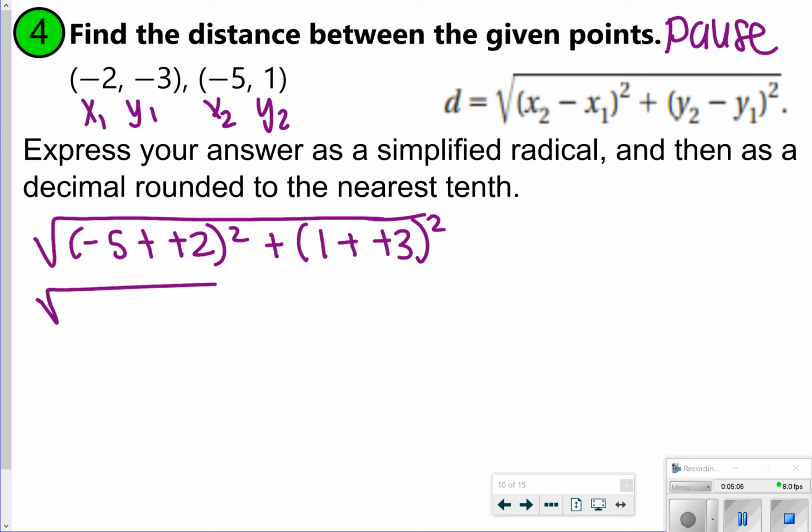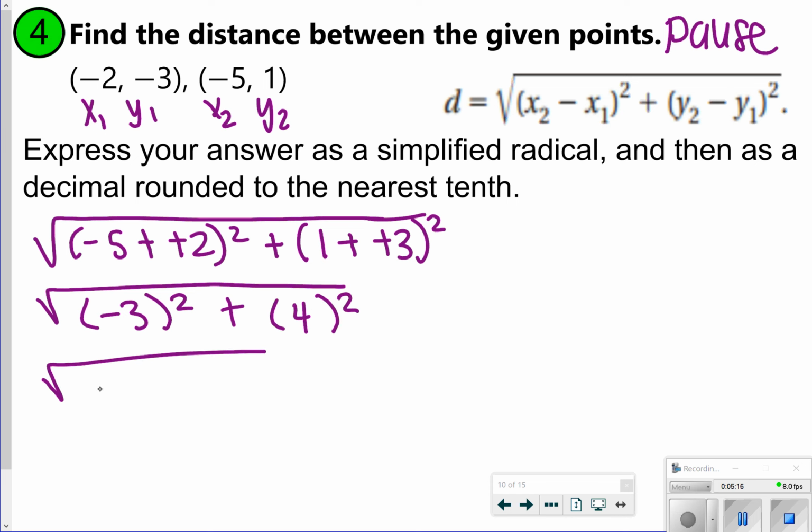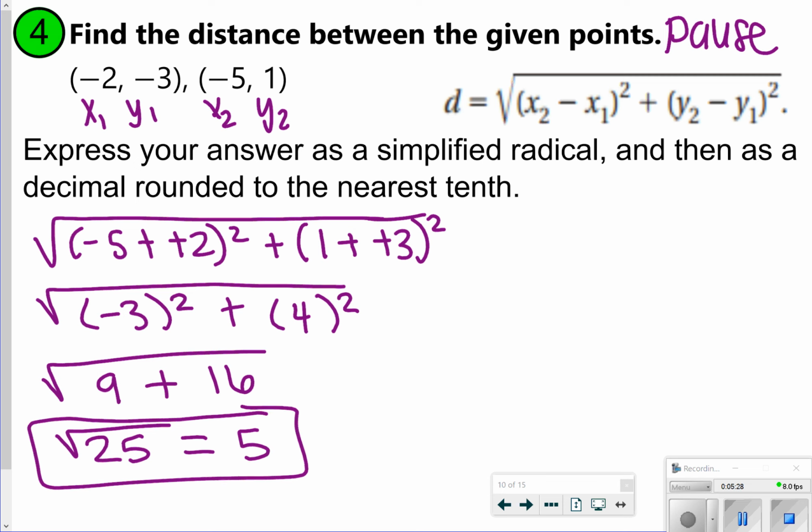So now I have this. Negative 5 plus positive 2 is negative 3 squared. And then 1 plus positive 3 is 4 squared. Negative 3 squared is going to give me 9, and 4 squared will give me 16. So I'm finding the square root of 25, which is equal to a solid number of 5. So just be careful again when you subtract negatives.